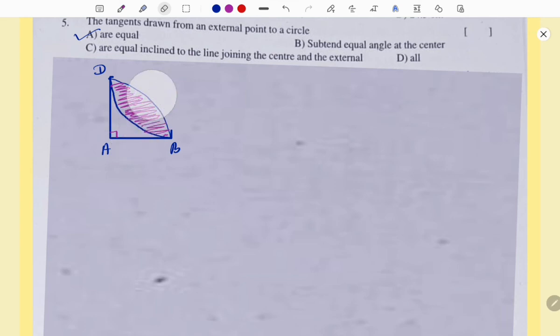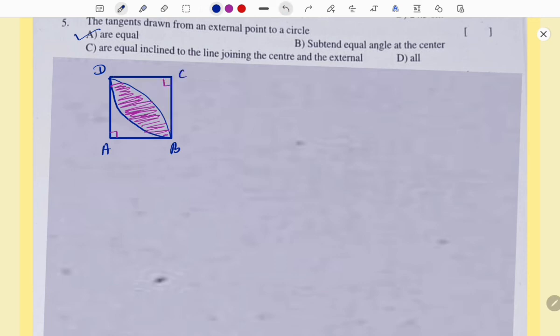Now this quadrant circle can be named A. Suppose here I take one point C, here I take one point P. So what is the name of this one? A, B, P, D. This is one quadrant circle. Okay? Now the other one.